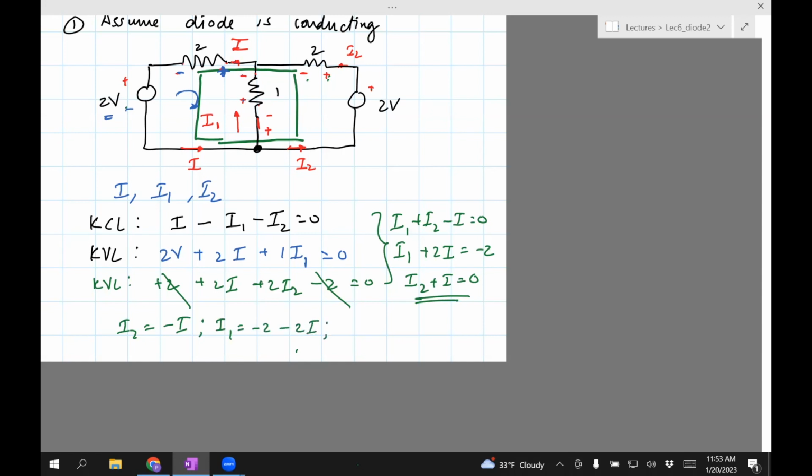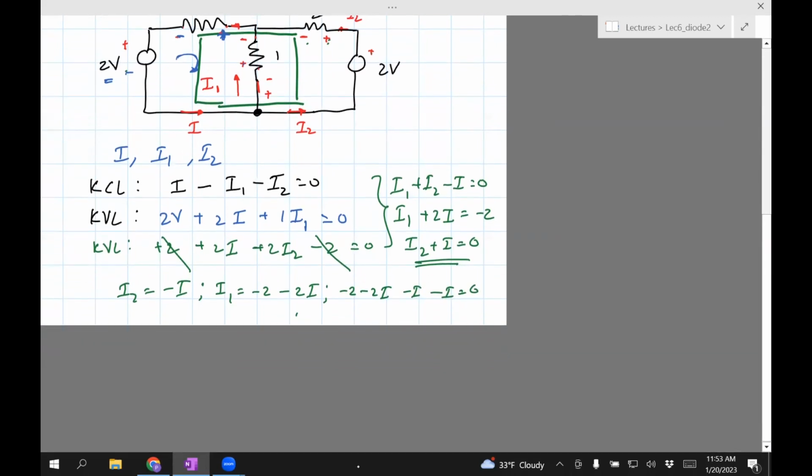So we have I1 is minus 2I plus I2, which is minus I, and minus I equals 0. So I comes out to be minus 0.5.